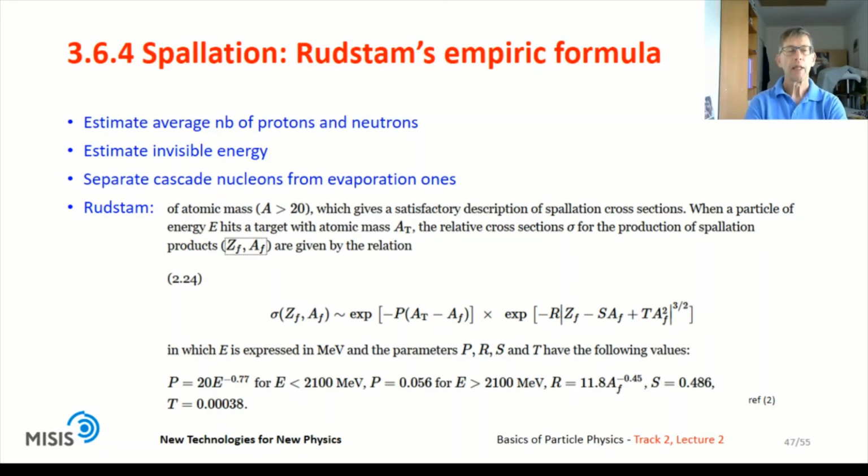To do this, there's an empirical formula from a chap called Rudstam, and he calculated the cross-section for all the possible final state atoms that you can create when a certain atom is hit by an energetic particle. And so there are many, the heavier the target atom, the more possible final state atoms there are. And for each individual final state atom, you can work out the cross-section using this formula.